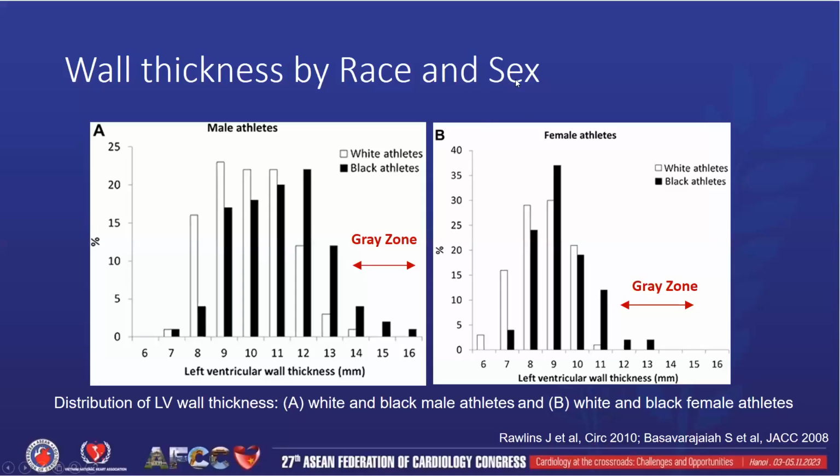When we look at wall thickness by race and sex, we see male athletes on the left and female athletes on the right, divided into white athletes and black athletes. We see that black athletes in general have a 1 to 2 millimeter increase in left ventricular wall thickness compared to their white athlete counterparts, both in men and in women, and that men on average have a 1 to 2, perhaps 2 to 3 millimeter increase in left ventricular wall thickness compared to women.